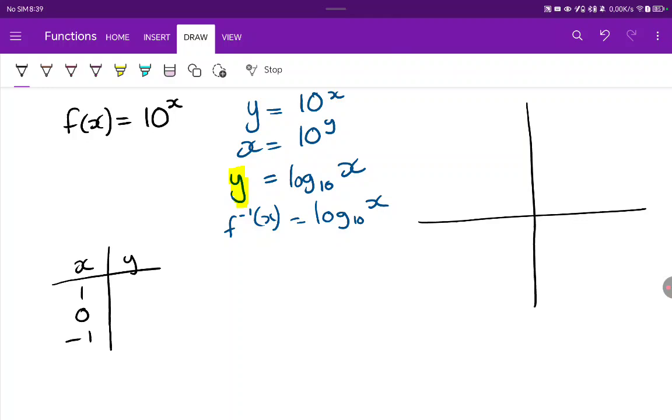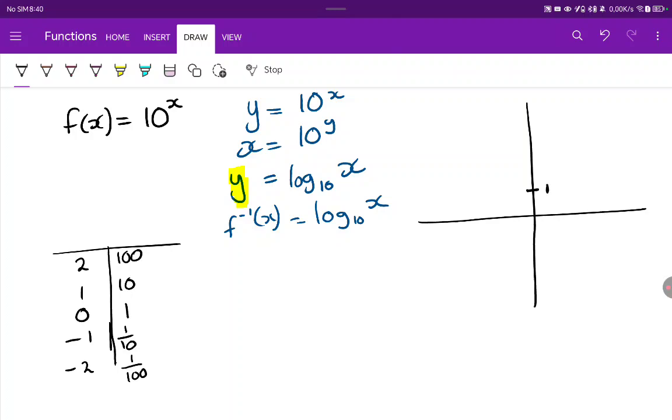So let's start with 0. 10 to the 0 is 1. 10 to the 1 is 10, and 10 to the minus 1 is 1 over 10. There's more options available, so we can do more points. Let's do 2 and minus 2. So 10 squared is 100, and 10 to the minus 2 is 1 over 100. That means that our intercept will always be 1 if there's no c.